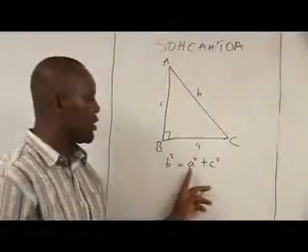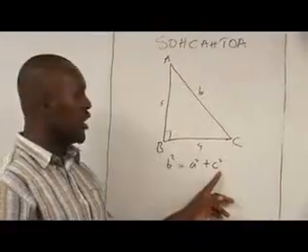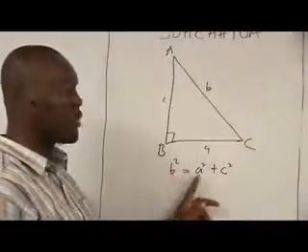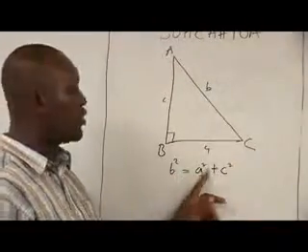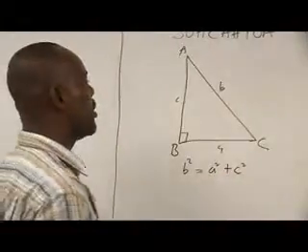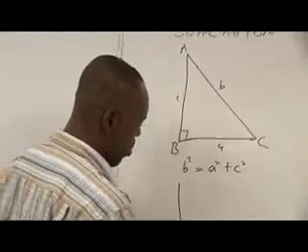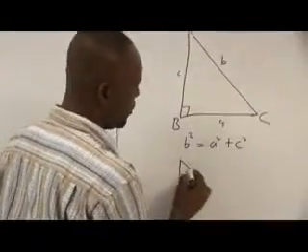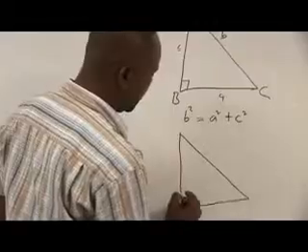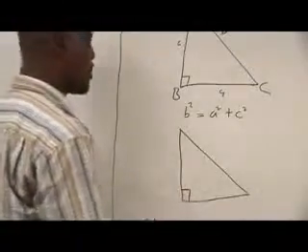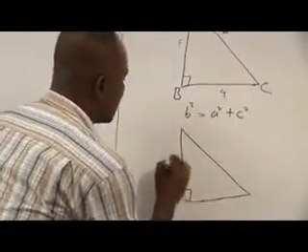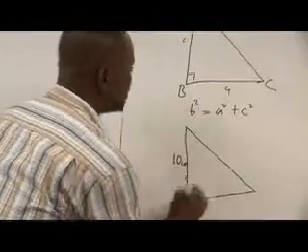We have three variables. In this case, we must be given at least two of the sides for us to determine the third side. What about a situation like this? Still the right angle triangle. And we are just given this side. Let's say this is 10 centimeters.